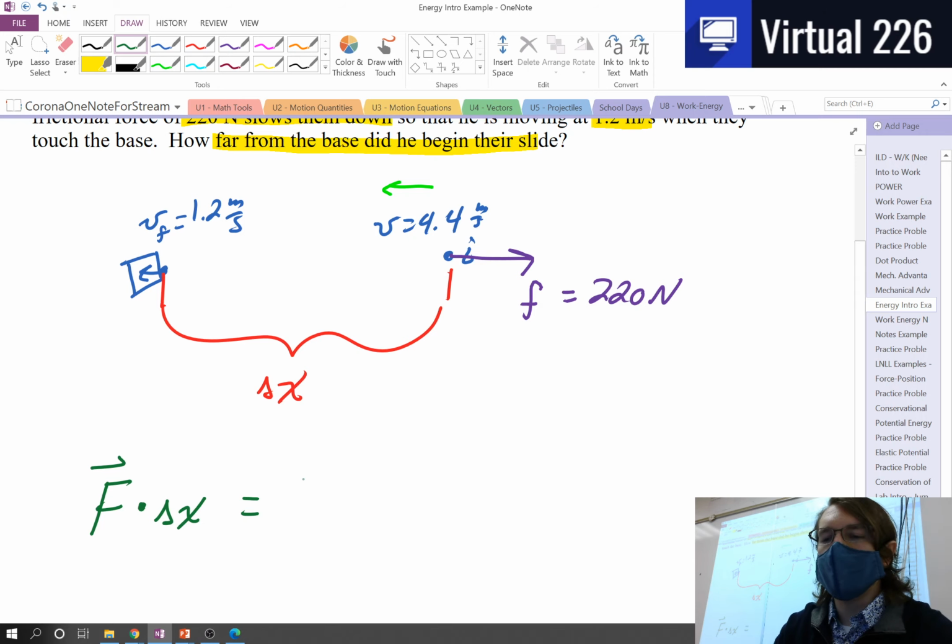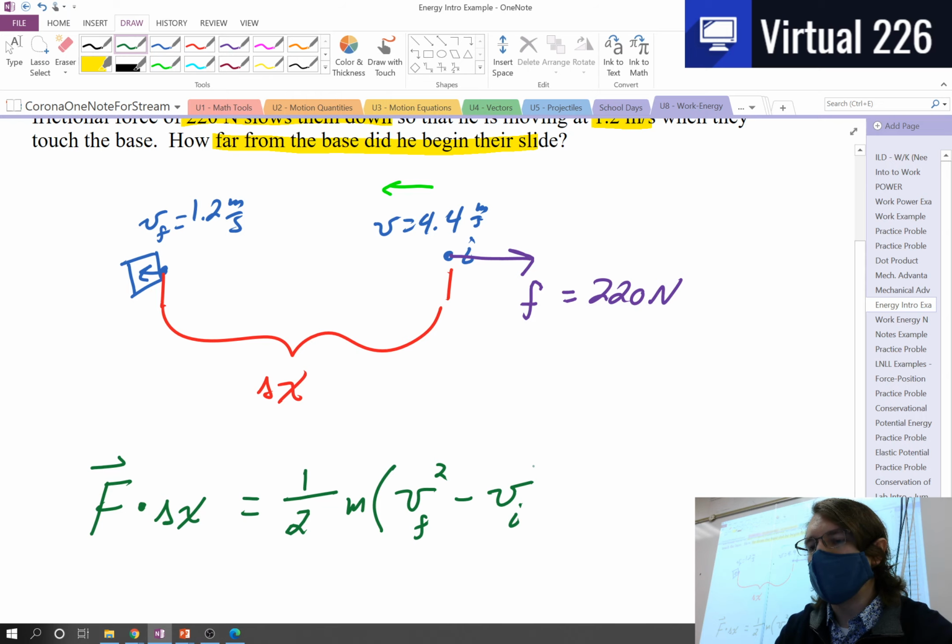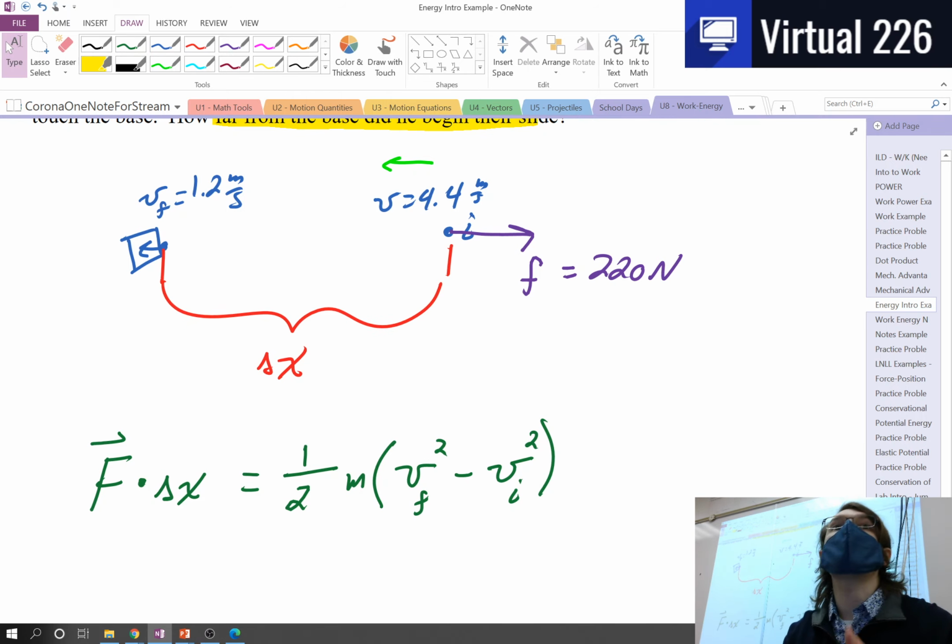And if you wanted to, you could write it like this. You could factor out the 1/2 and the m and write vf squared minus vi squared. But be careful if you do that. You need to make sure you square those velocities before you subtract them. Otherwise, you'd be taking the square of the quantity, and now you have a polynomial, which is, well, let's not deal with that.